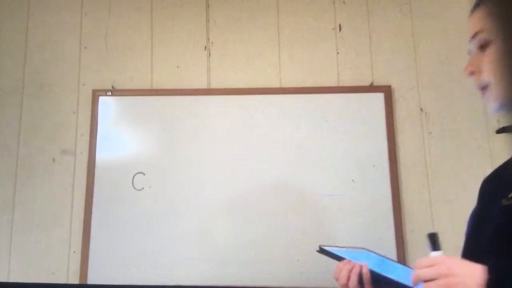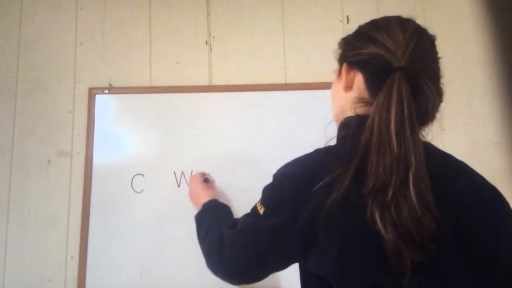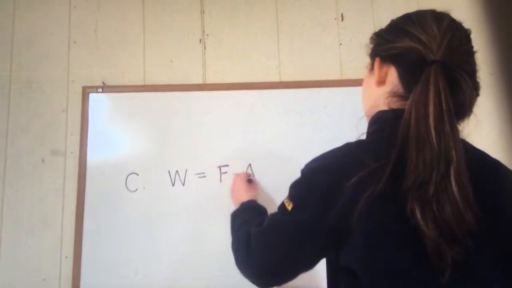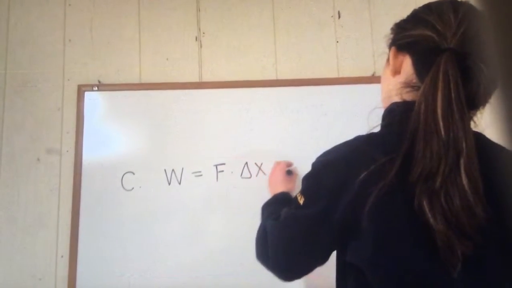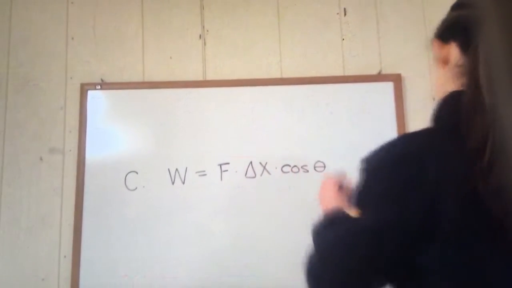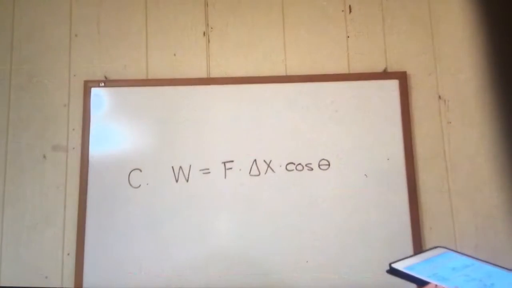To figure out how much work is done by the normal force, we will also use the work equation. Work equals force times displacement times cosine of theta. Now we will plug in the values.